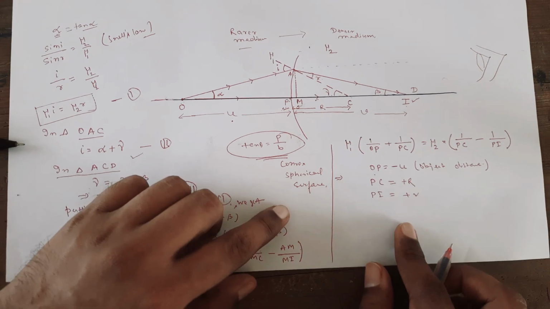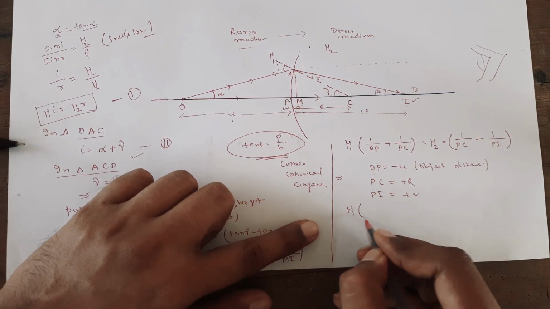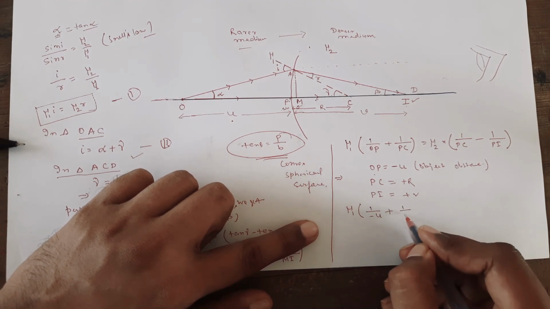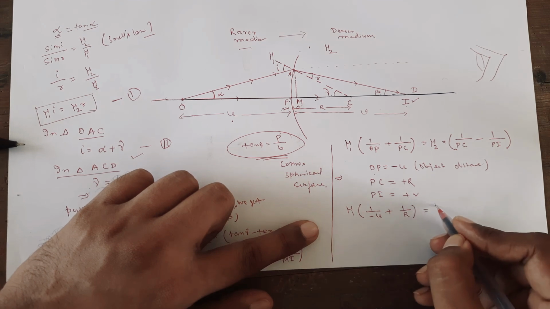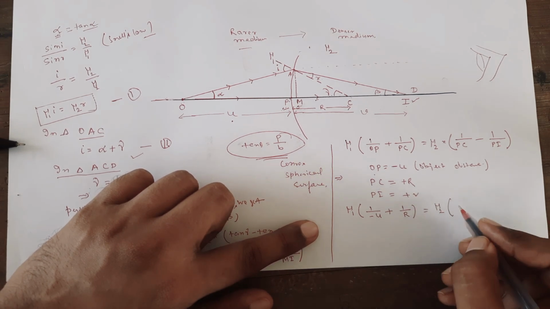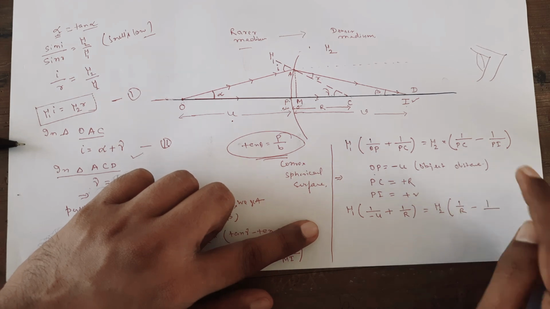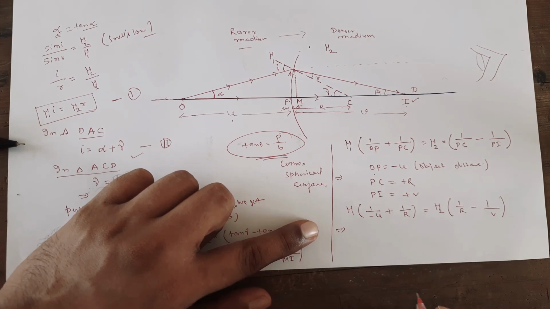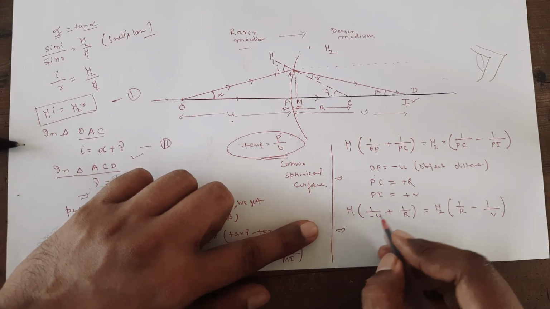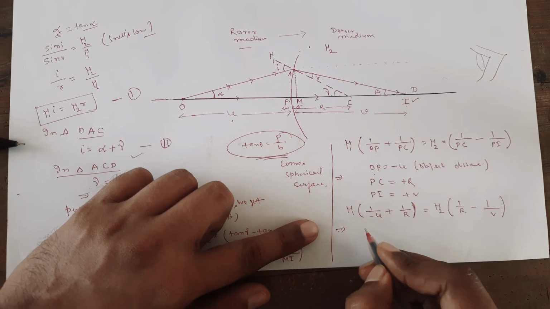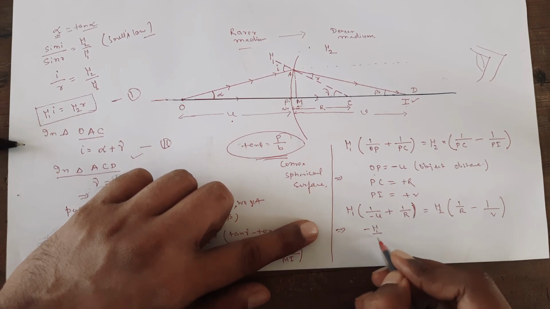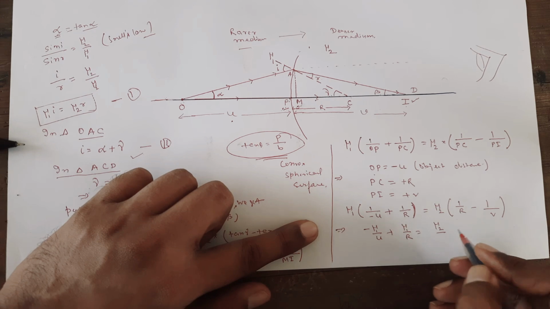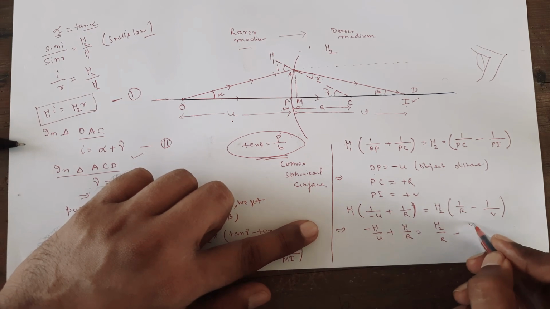So just put the value of all these things: mu1 times 1 by minus u plus 1 by R equal to mu2 times 1 by R minus 1 by v. Multiply all the things.